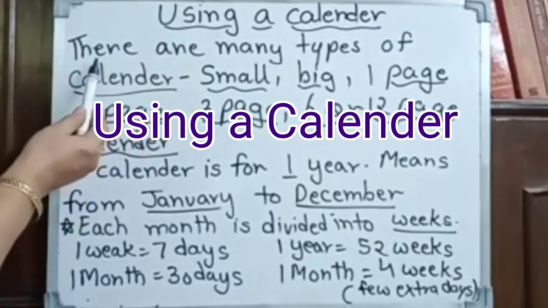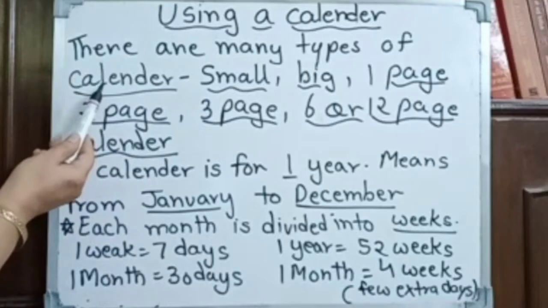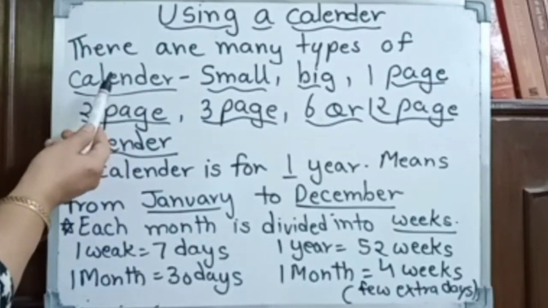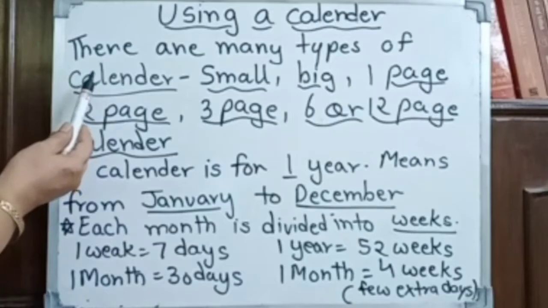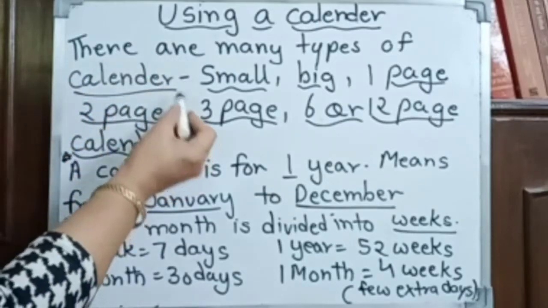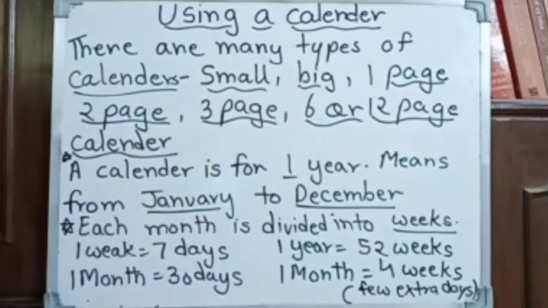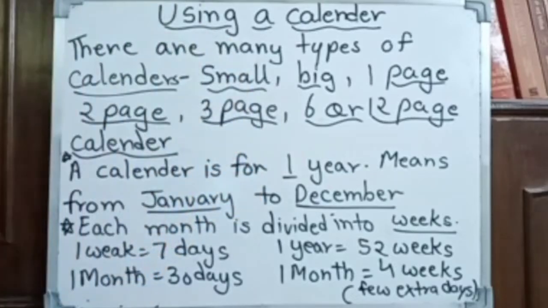Using a calendar, there are many types of calendar. You all know about the calendar, as in each and every home, each and every workplace, every office we have a calendar. Now the calendar is in all the mobiles. Small calendars, big calendars, 1-page, 2-page, 3-page, 6 or 12-page calendars.